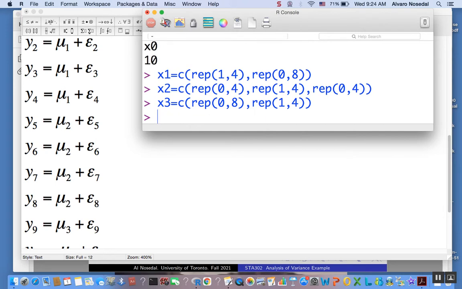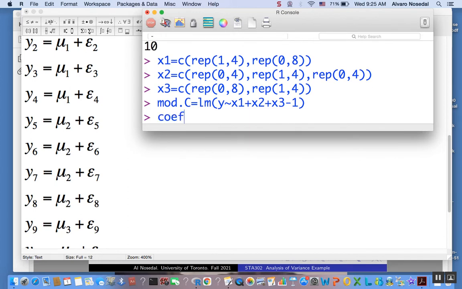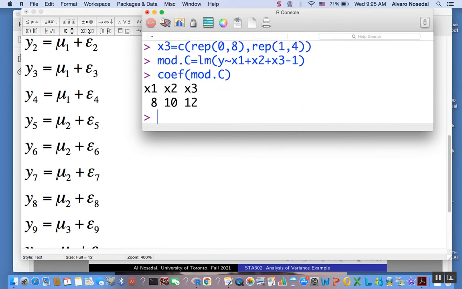Now let's fit the complete model again using our LM function. The response variable is the same. We want to use these predictors x1, x2, and x3. We don't want a y-intercept here. Let's see what the least squares estimates of mu1, mu2, and mu3 are. Guess what?